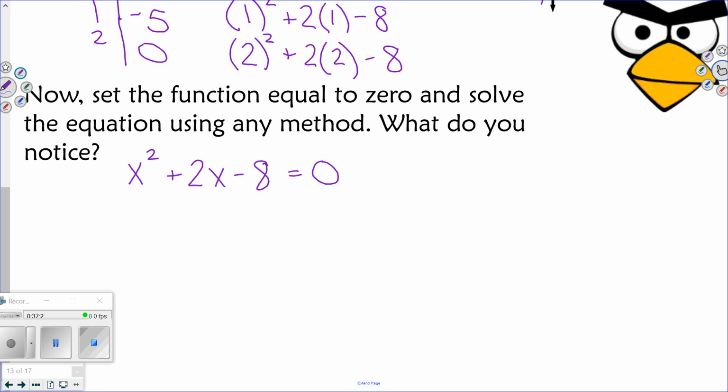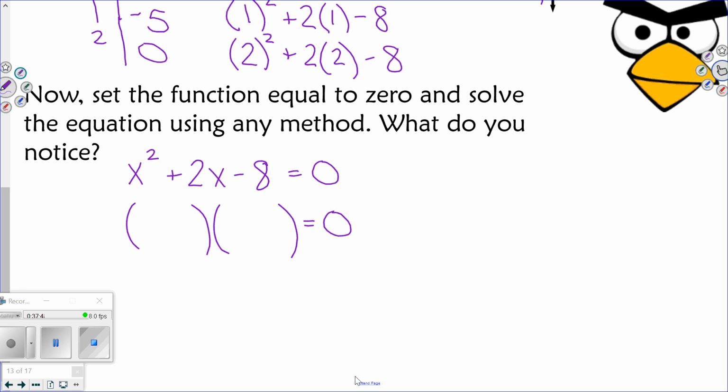What method do you want to do? We can do factoring. Could we do the square root method? No, there's a b term. Complete the square or quadratic formula. Factoring, does this factor? Yeah, let's try to factor this. That'd be the fastest way, right?